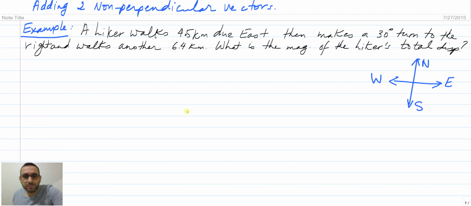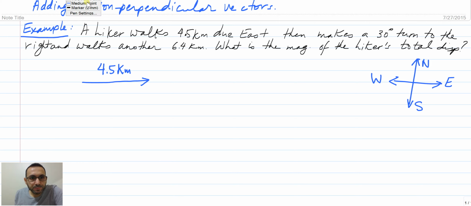Alright, so 4.5 kilometers east. Let's make it a little bit shorter. This is 4.5 kilometers and pointing east.